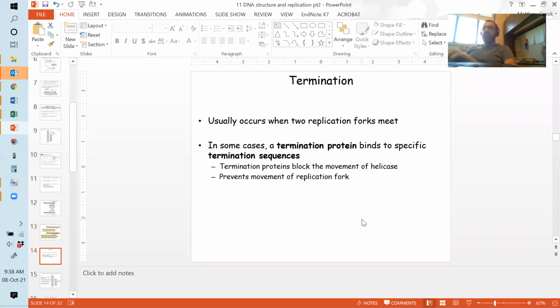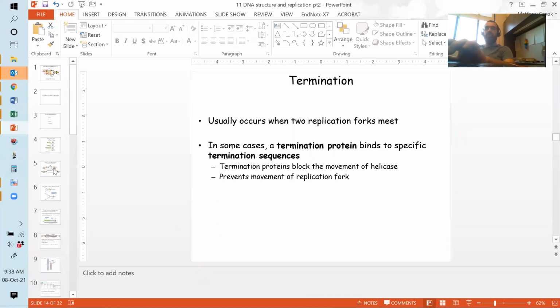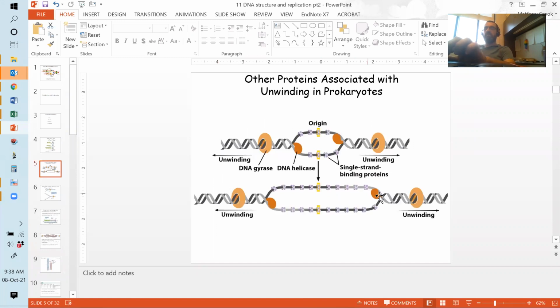And then it ends. And usually it ends when you have two replication bubbles merge. So as these expand and DNA is made, if you're a bacterium, those two replication forks, or even one, will come round and hit the other side of another one or the same one.